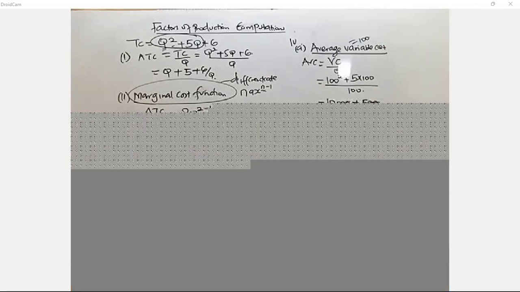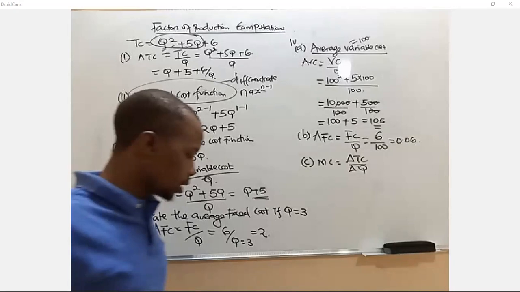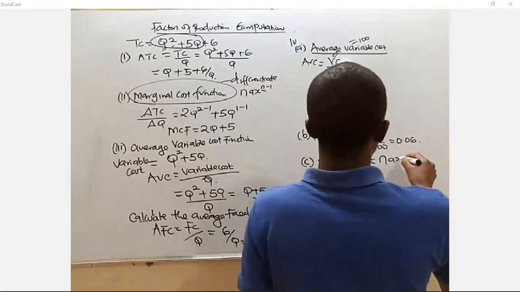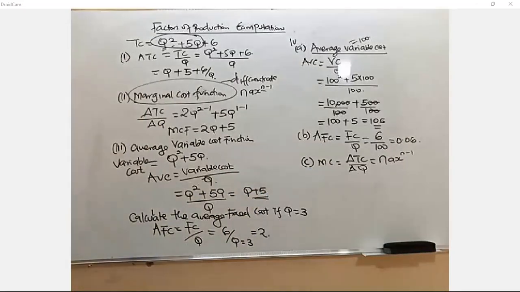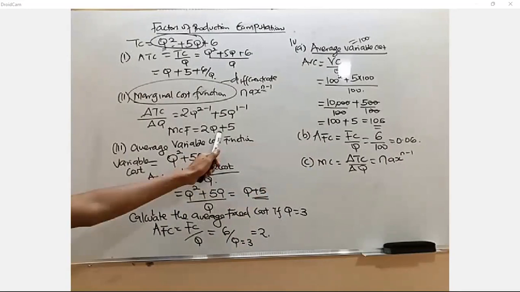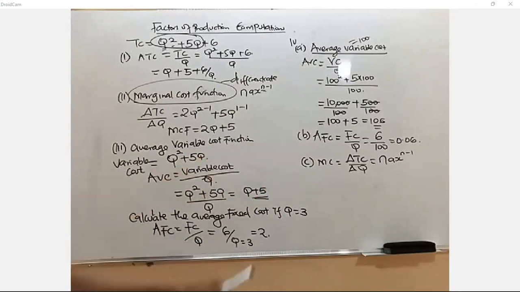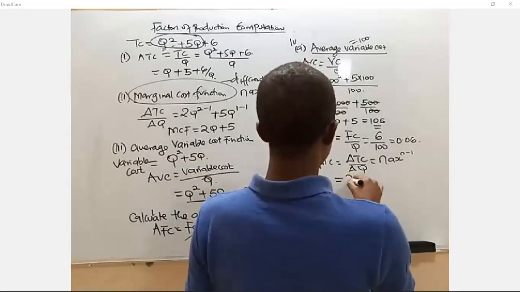When we differentiate, we normally take n a x to the n minus 1. So the marginal cost is 2q plus 5.